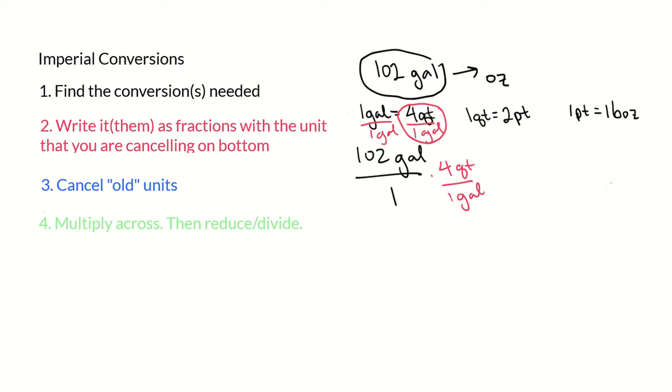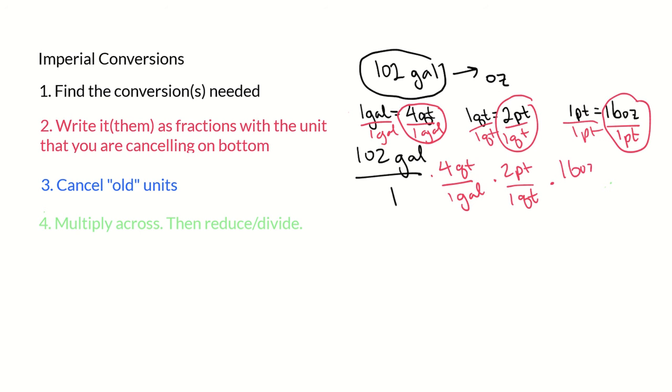Now we want to cancel out quarts, so in the second conversion, divide both sides by 1 quart. And write that fraction. And then in the third conversion, we want to convert from pints to ounces, so we want to cancel out pints. So we'll write in the conversion fraction 16 ounces over 1 pint.